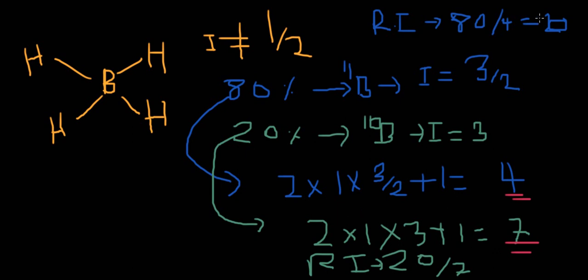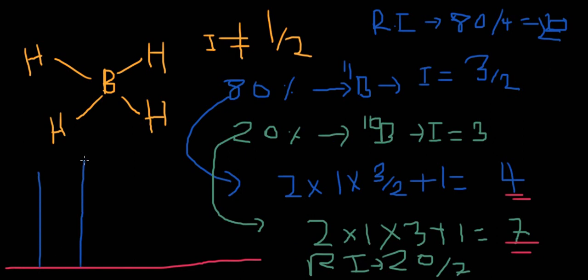So there are 11 peaks, and the peaks will appear like this. The 80% has the highest relative intensity, and there are 4 peaks of highest relative intensity.